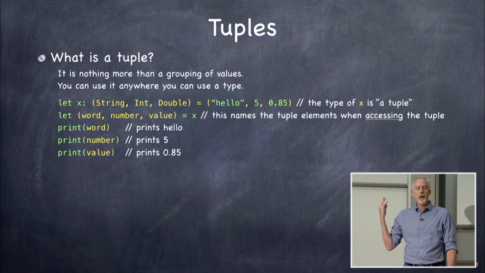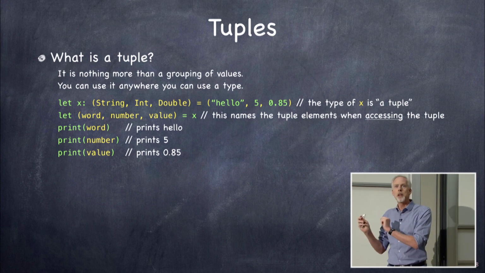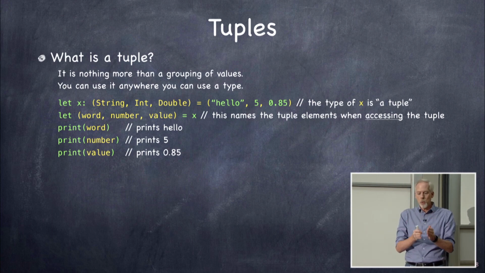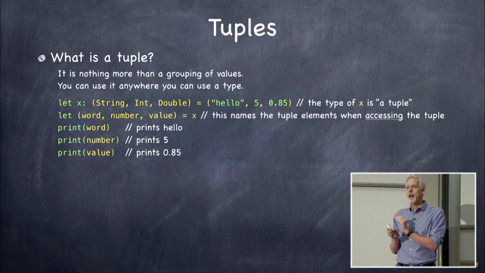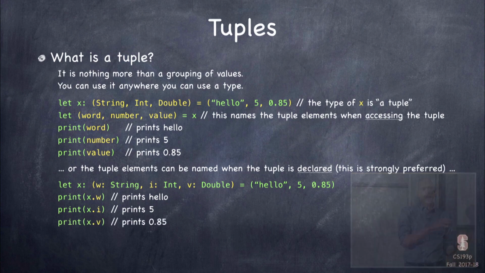You can define the names when you get the values like this. Let, parentheses, word, number, value equal x. And that actually assigns each of the values of x to the 3 variables, word, number, and value. Okay? So I'm kind of giving the struct elements names as I grab them out. Or you can do the other way around. When I define x, I can say x is a tuple that has a string, an int, and a double called w, i, and v.